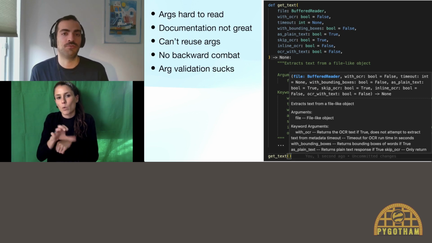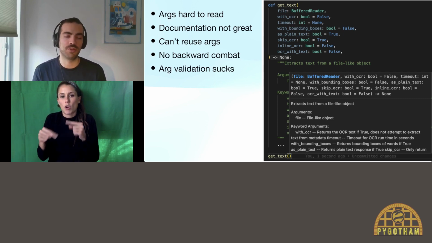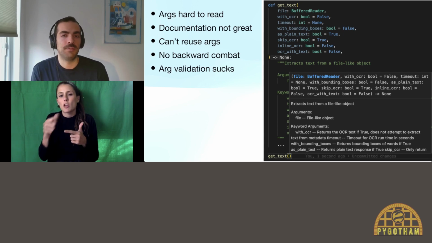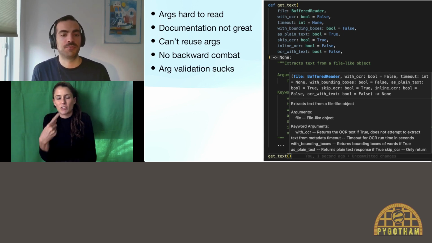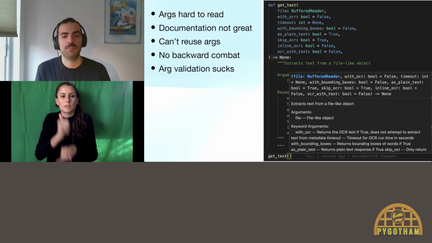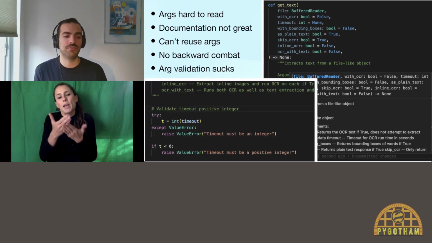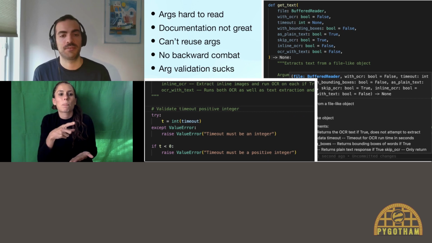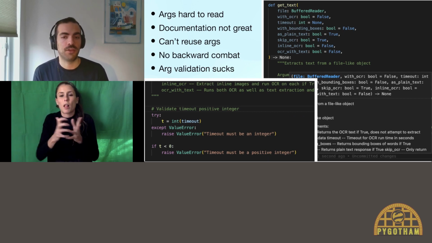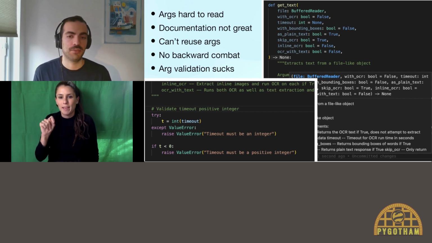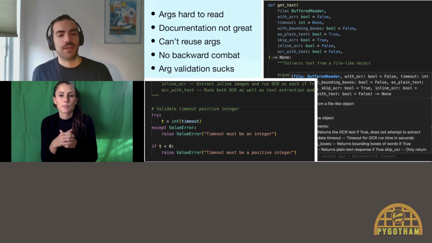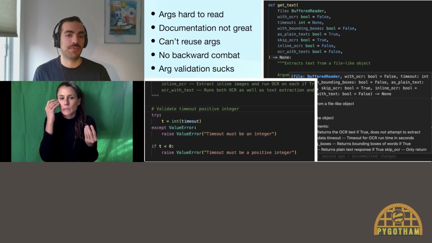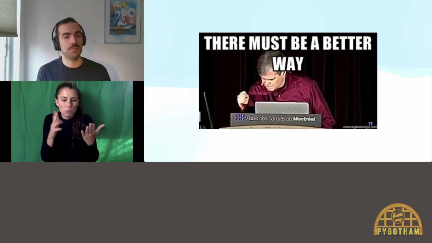And since you can't really force everyone to use keyword arguments, it's not really backwards compatible. And validation absolutely sucks. So he tried implementing some validation code, and you can see that you have to write a lot of boilerplate logic in the beginning of your function. And so Sam thinks to himself, there must be a better way.